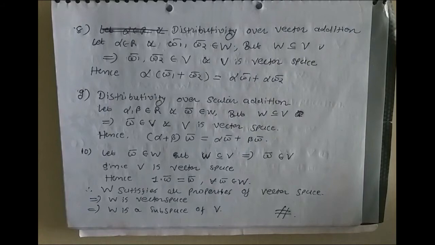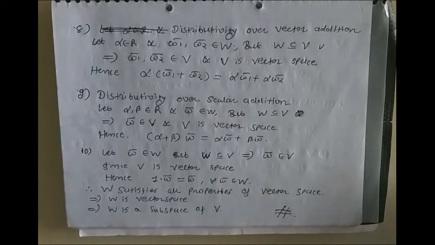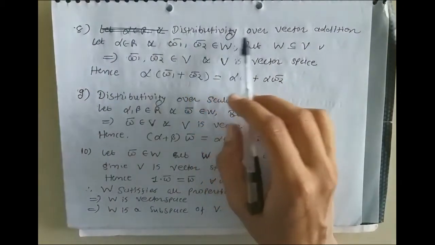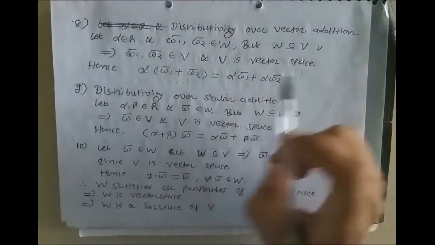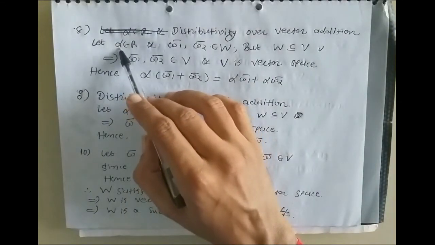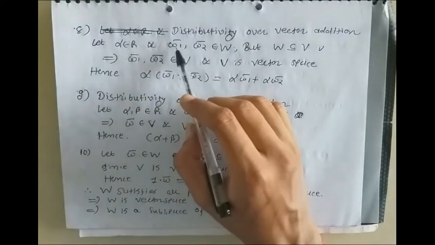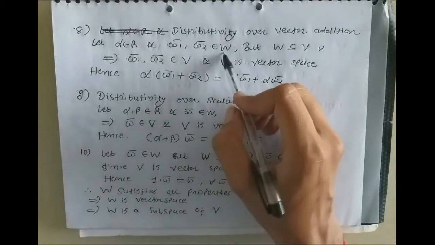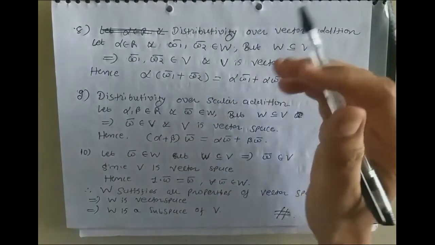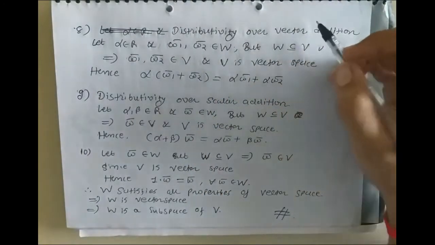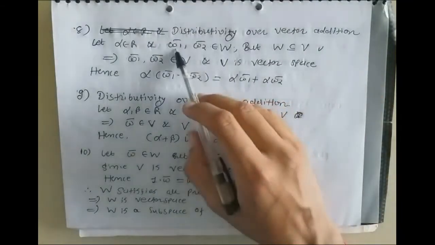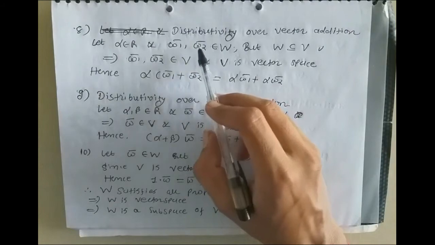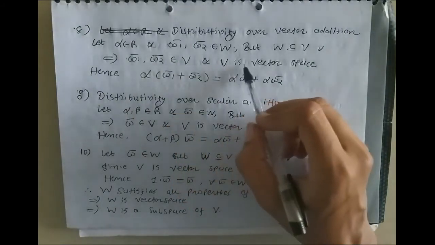Now our eighth property is distributivity over vector addition. Whenever we consider distributivity over vector addition, we have two vectors and one scalar. So let's consider one scalar alpha belongs to R and two vectors W1 bar, W2 bar belongs to W. Similarly as before, W is a subset of vector space V, so these two vectors W1 bar, W2 bar belong to V, and V is a vector space.